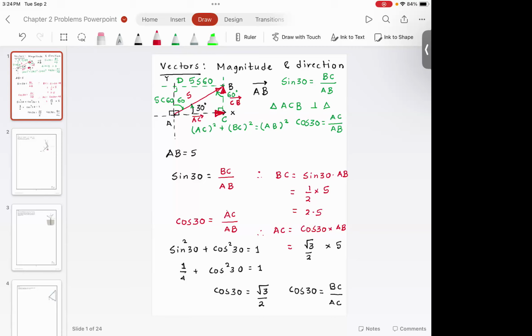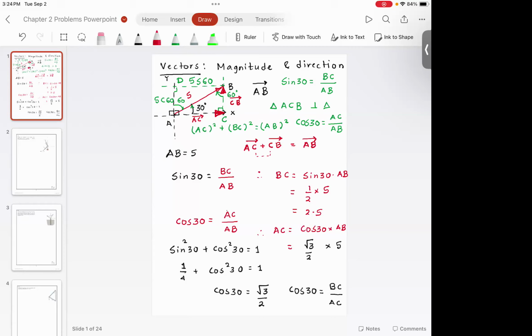So I can write this vector expression as AC plus CB. Please note, is equal to AB. Are you with me so far?